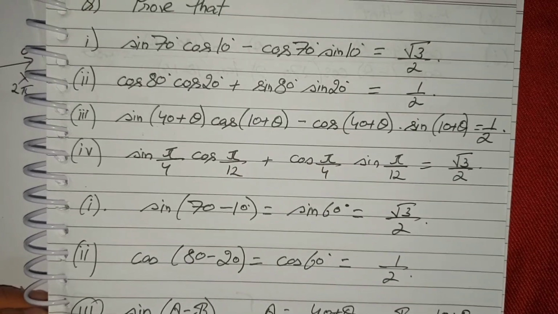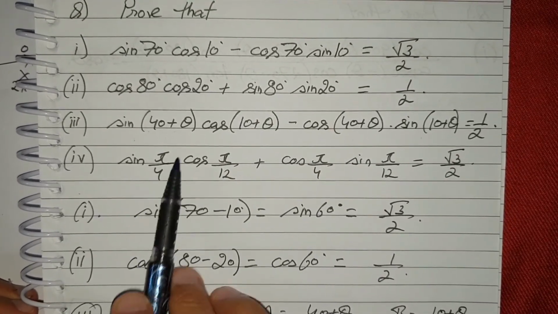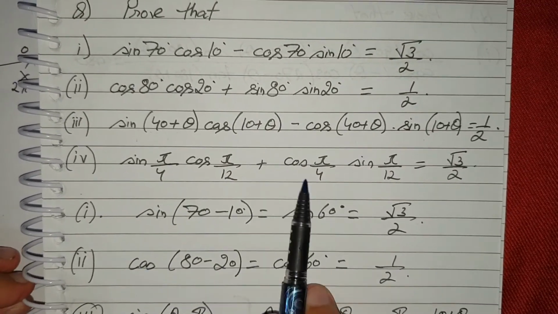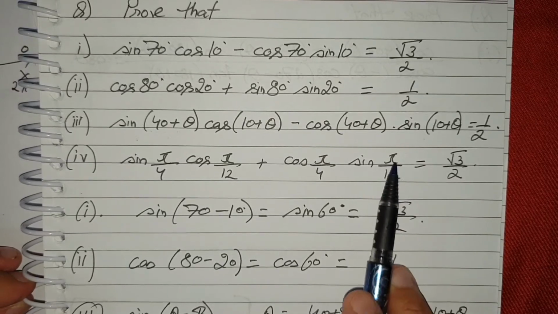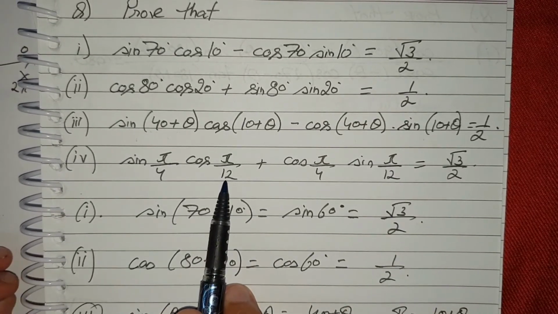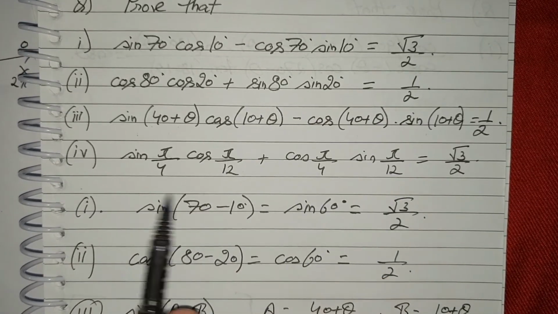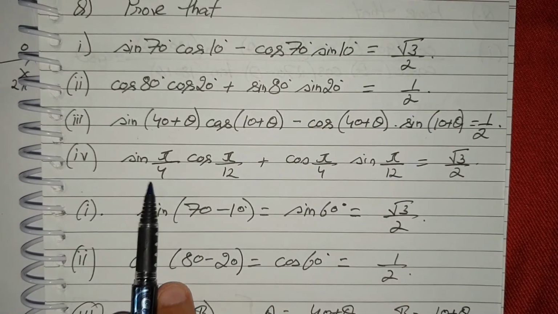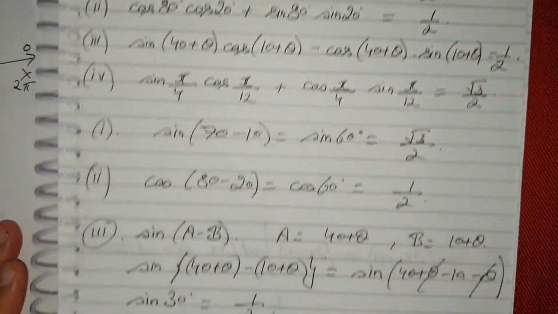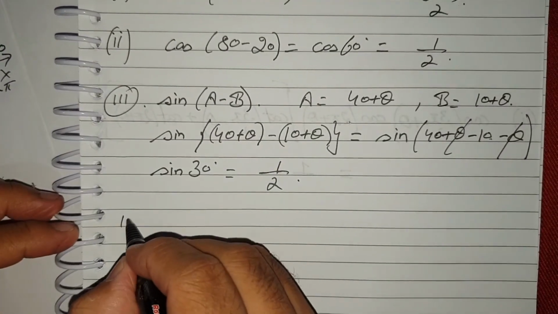Now the fourth part. Sine pi by 4 cos pi by 12 plus cos pi by 4 sine pi by 12. Sorry, this was pi by 12. So this is sine A cos B plus cos A sine B. The formula is sine A plus B. That means sine of pi by 4 plus pi by 12.